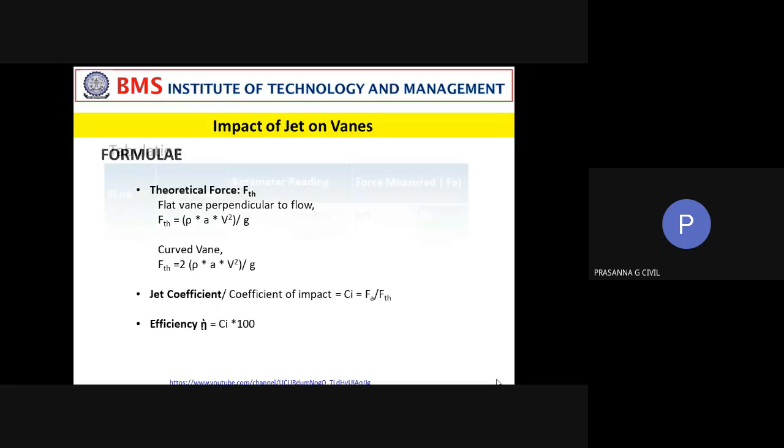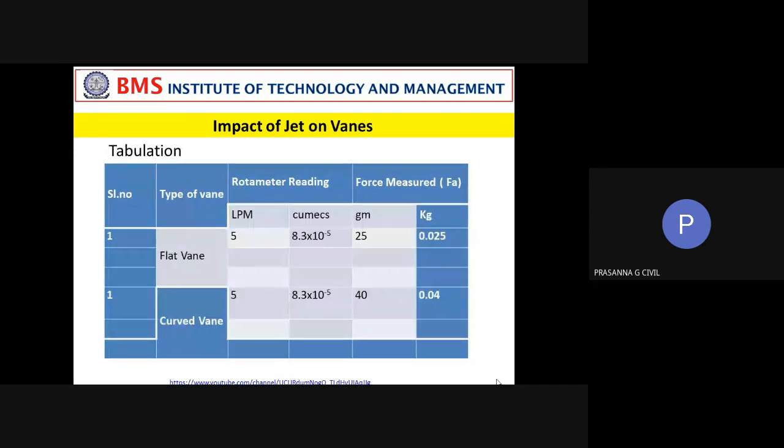Now, coming to the tabulation, we have one reading each entered for the flat vane and the curved vane. These are the readings that will be taken on the equipment, where there is a rotometer which gives the discharge in terms of liters per minute, which is 5, and which is converted into meter cube per second, 8.3 into 10 raised to minus 5 meter cube per second.